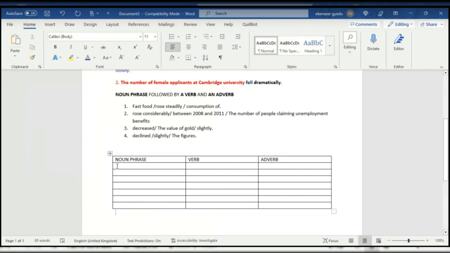You show me which part is the noun phrase, which one is the verb, and which one is the adverb. So you just insert it in there. Okay, so that is exactly what I want you to do.